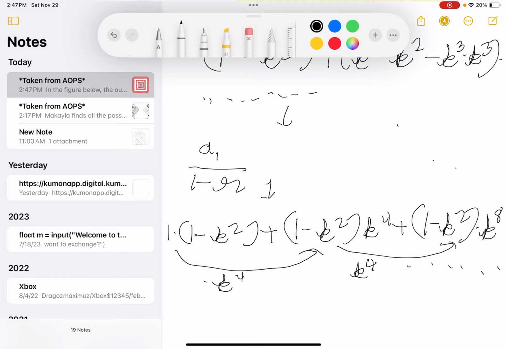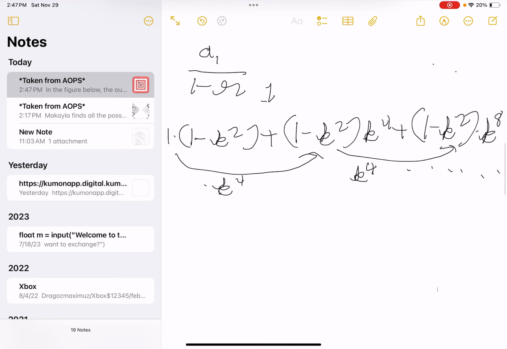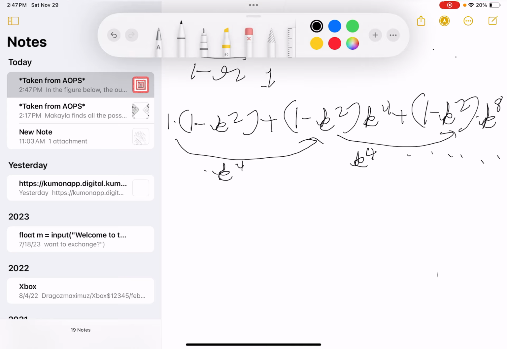From this you realize three things. One is that everything can be factored using 1 minus k squared. The second is that the first term is 1 minus k squared. And the third is that the common ratio is k to the fourth. So since the formula needs 1 minus the common ratio, it's 1 minus k to the fourth.